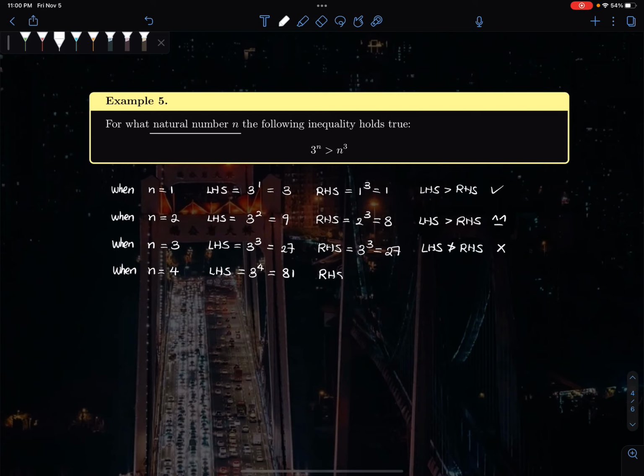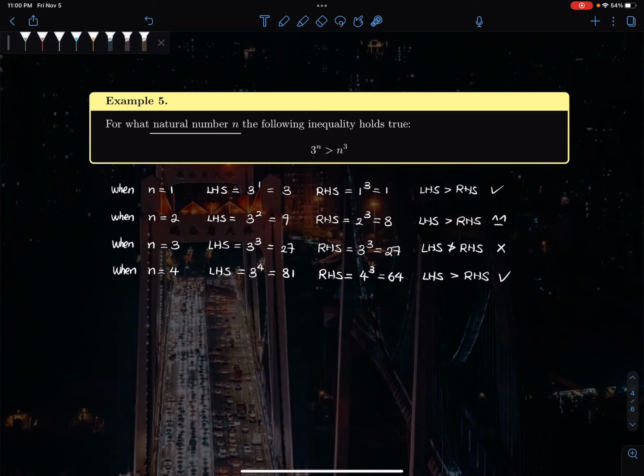Right hand side is 4 to the power of 3, so 16 times 4 is 64. Clearly the left hand side is greater than the right hand side, so good. You can check 5. I think 5 is obvious.